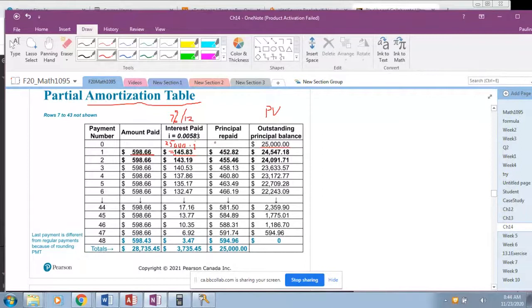How do you get this number? You use the monthly payment, PMT, 598.66, minus the interest paid, 145.83. So you get this principal repaid.